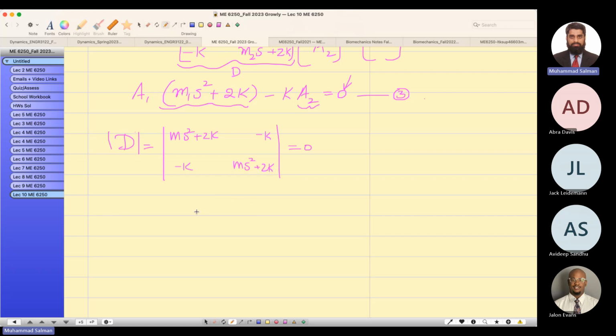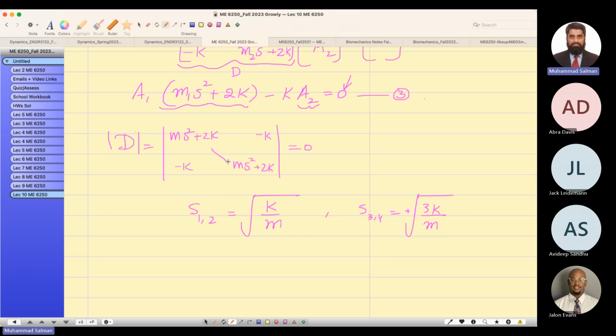Let me show you. The answer would be, first root would be k over m. Third and fourth root would be three k over m. And how did I get these four roots?